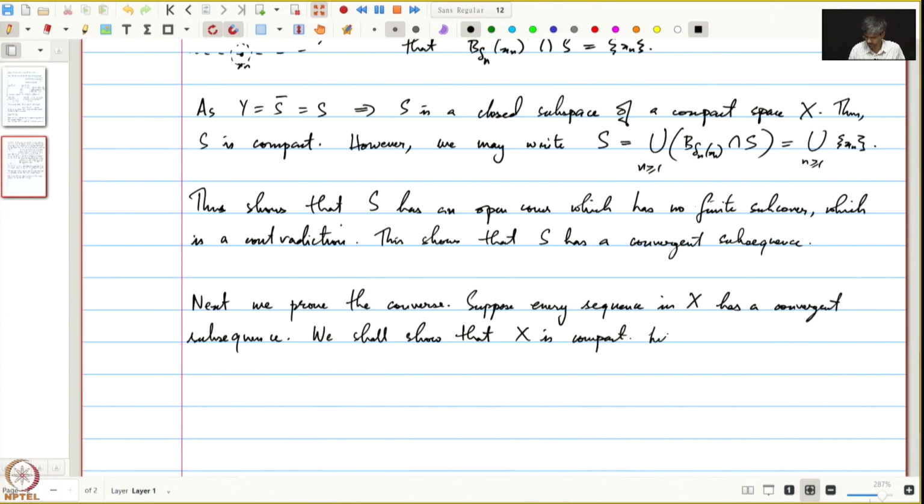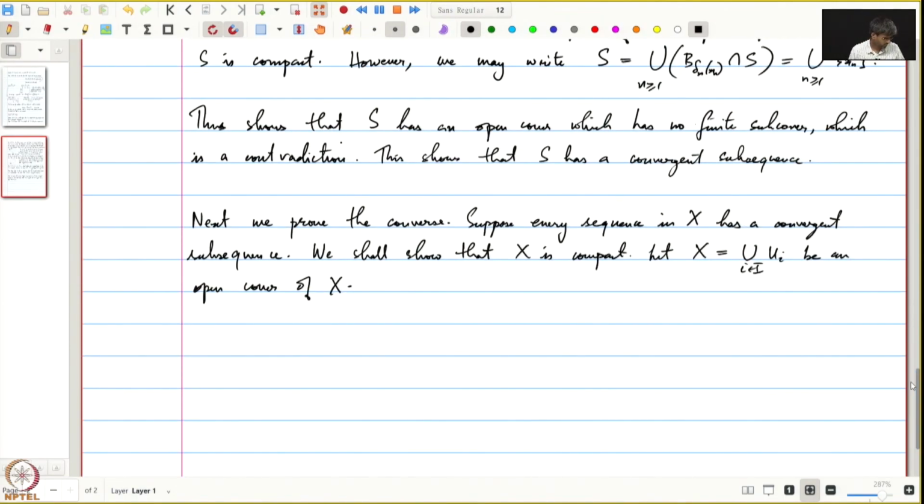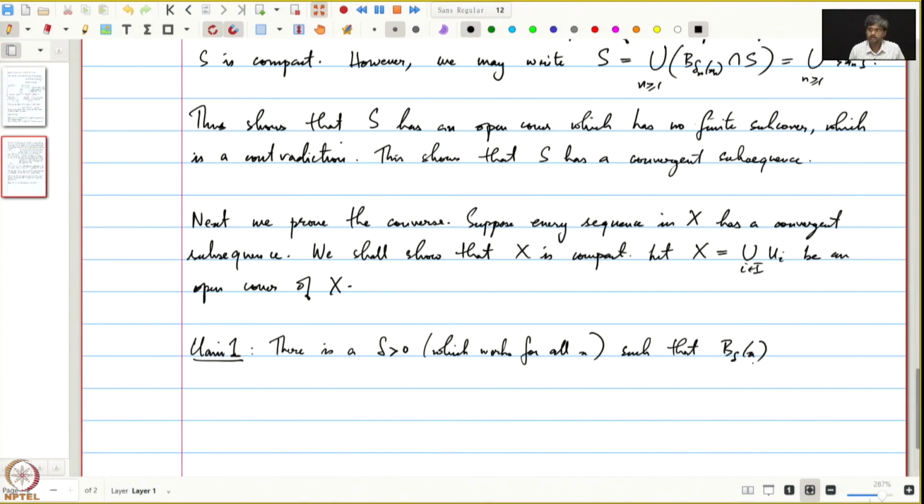Okay. So for this, let us begin with an open cover of X. Right. So our aim is to construct a finite subcover of this. Okay. So we make a claim. There is a delta greater than 0 which works for all x, such that when we take this open set B delta x, right?